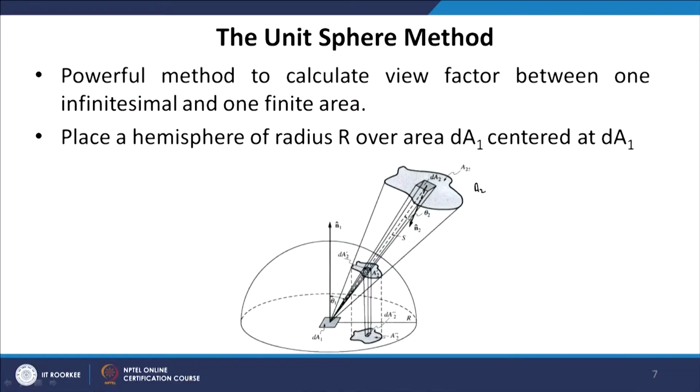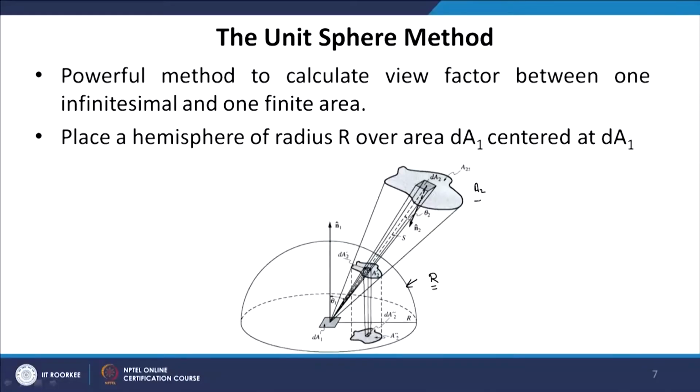Now, for this surface A2, we have to fit a hemisphere of radius r around the surface A1, that is dA1. We have to put this hemisphere in such a way that the surface dA1 is at the center of this hemisphere. Surface A2 may be inside the sphere or it may be outside the sphere, and then this surface makes a solid angle.